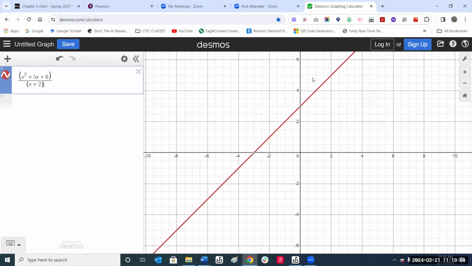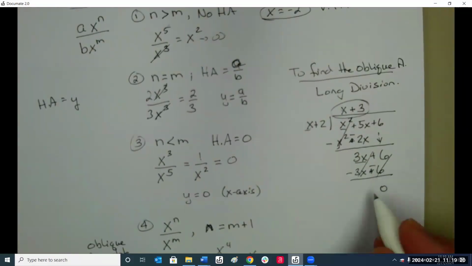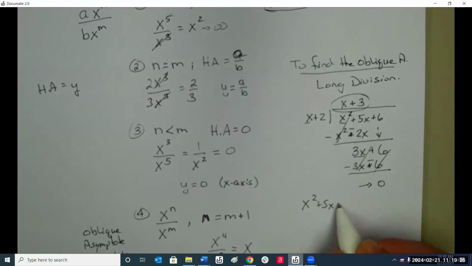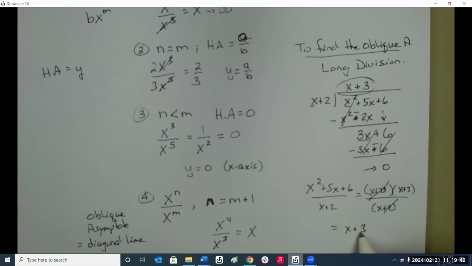Because when we did the long division, there was no remainder, which means, what does that tell us? Since the remainder is 0, it tells us that our function can be simplified.